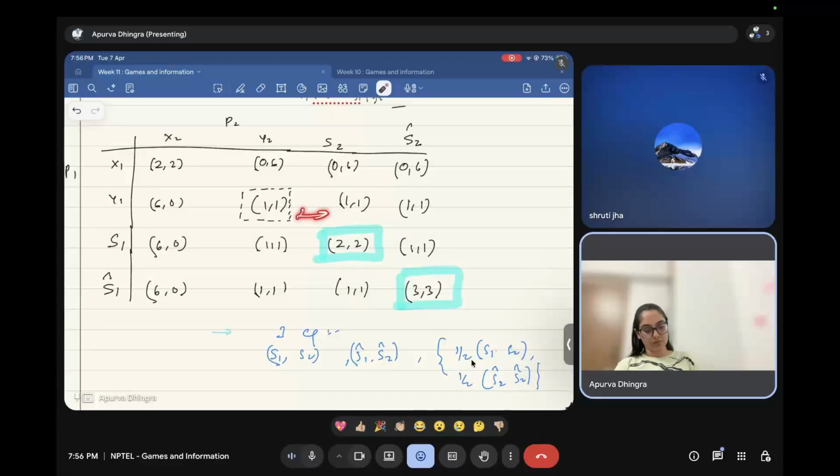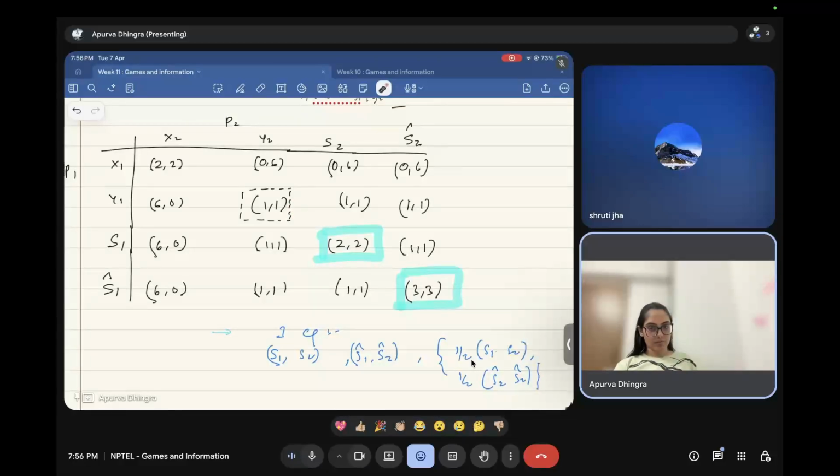If you compare these two, this is weakly dominated. If you compare this and this, this is again weakly dominated. So it's better not to eliminate it, but you can eliminate it in certain cases. If you were to eliminate it, this would not exist, and hence these are the only two you will get by those arguments. But in reality, this is still a valid Nash equilibrium.